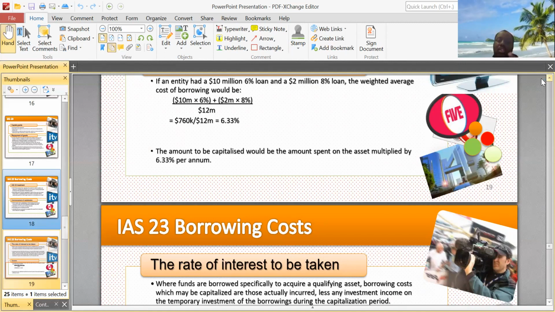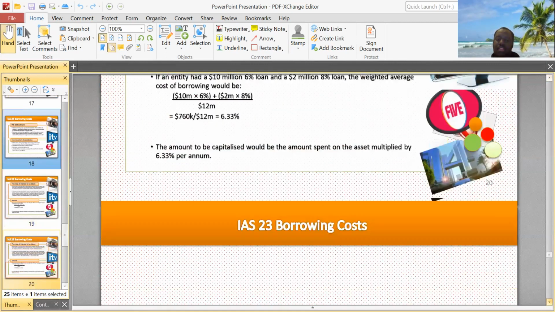When you do your calculations, you should end up getting 6.33%. So the amount to be capitalized as borrowing costs would be 6.33% times the amount spent on the assets. Very, very key.